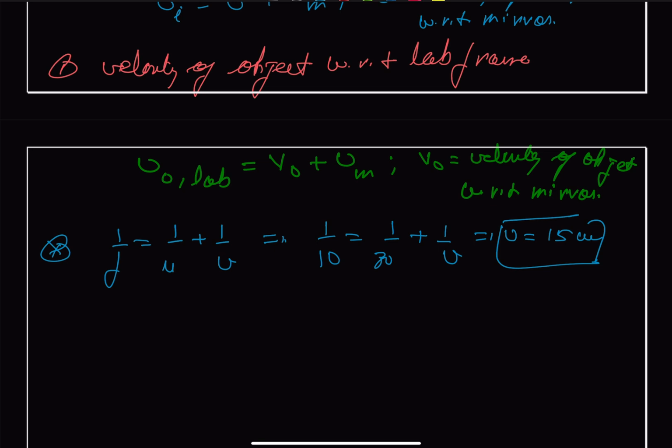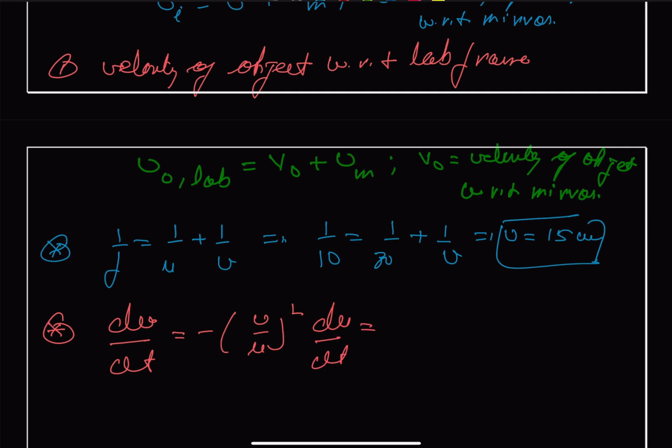And now we are going to use the velocity part of the equation. So we know that dv by dt is equal to minus v upon u whole square and du by dt, and this dv by dt is nothing but our v prime.